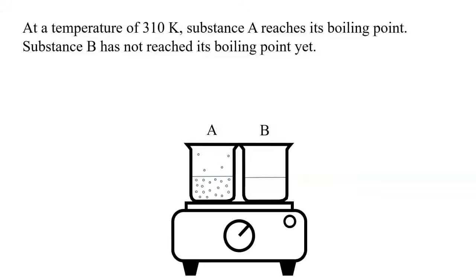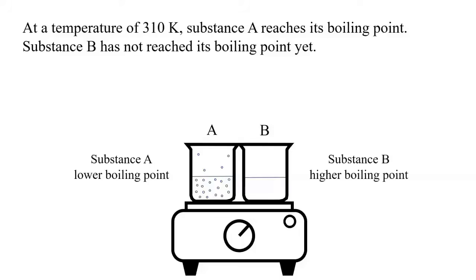Substance B has not yet reached its boiling point. So, substance A has a lower boiling point. Substance B has a higher boiling point. I'll just make up some numbers. So 310 Kelvin is the boiling point of substance A, and suppose that 350 Kelvin is the boiling point of substance B.